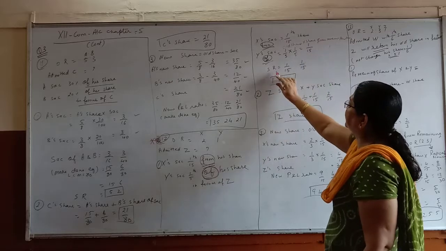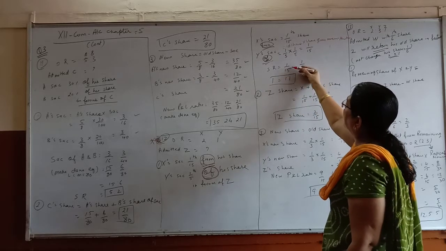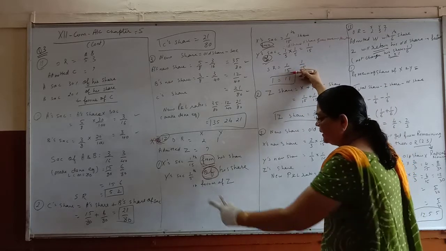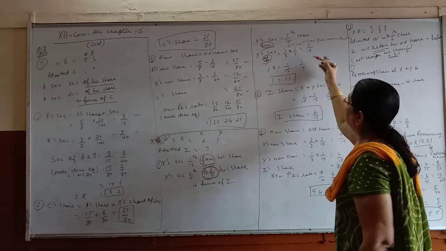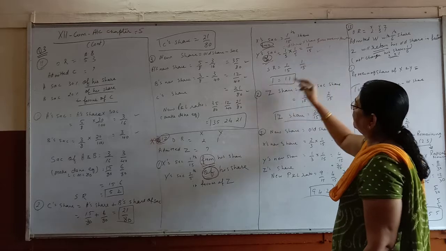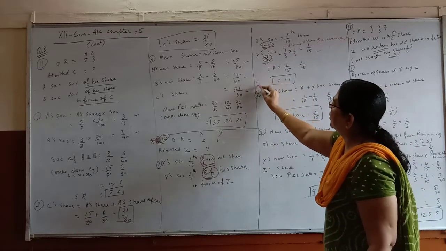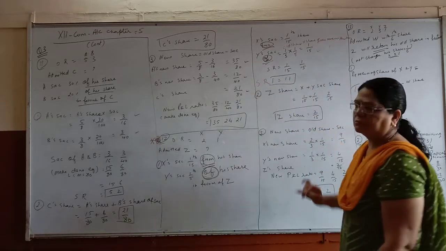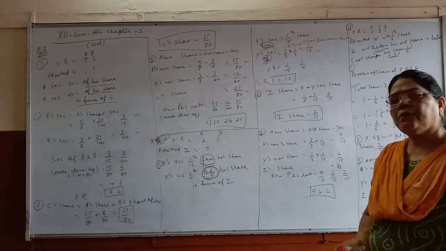Now sacrifice ratio is equal to, what is X sacrifice? 1 upon 15. And what is Y sacrifice? 1 upon 15. So what will be the sacrifice ratio? 1:1.